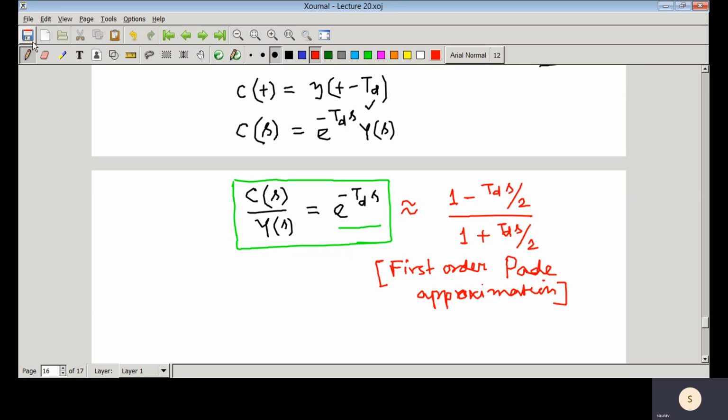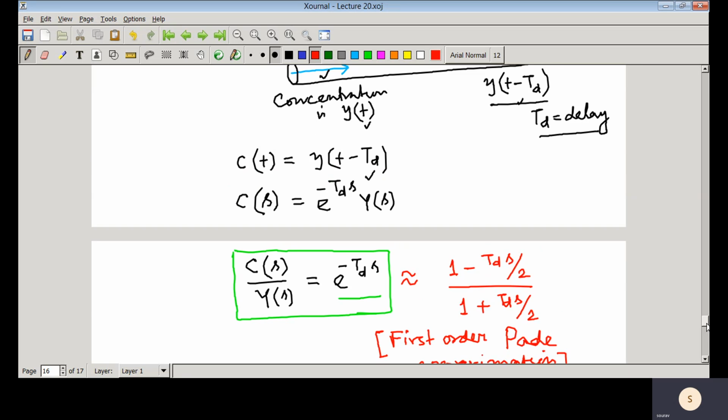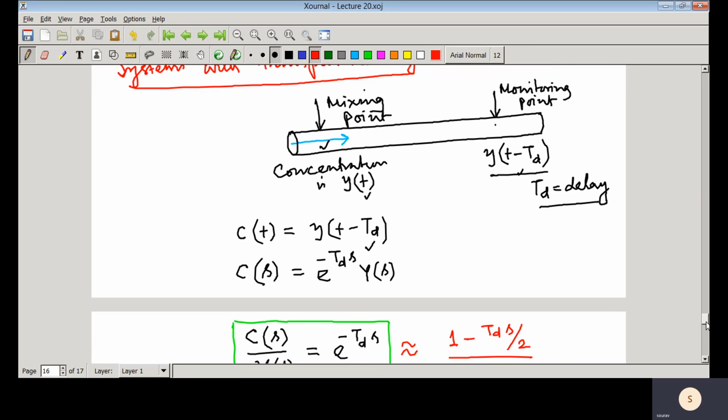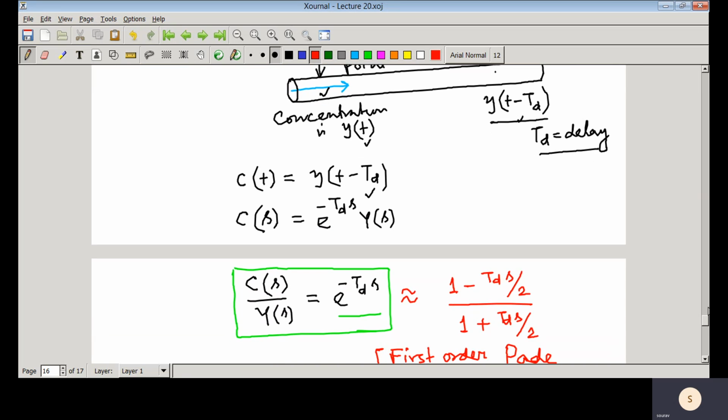What is that? We have seen that whenever there is a transportation lag, we can model it by one exponential term, that is e to the power minus Td s in the s domain, and in the time domain that is y(t - Td).